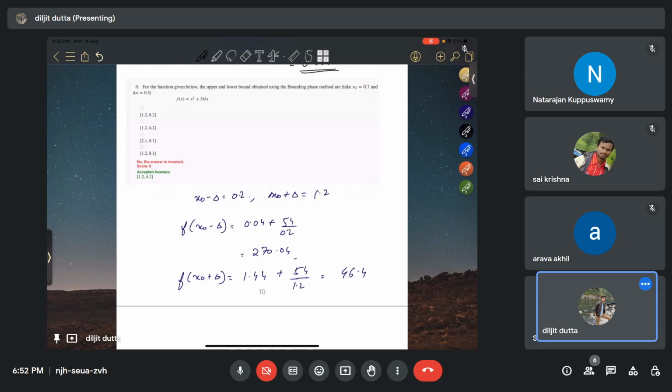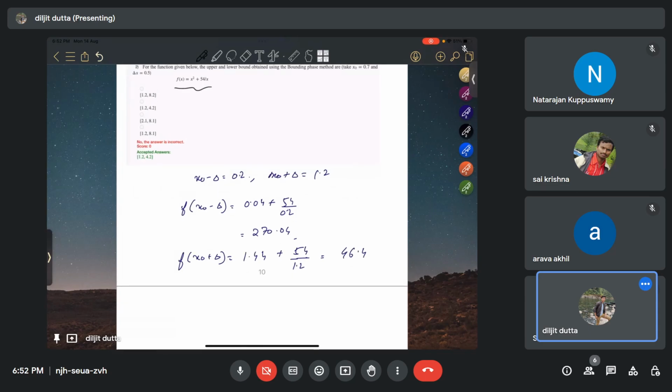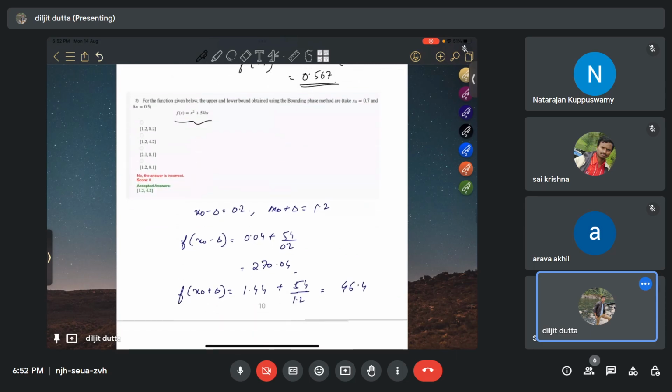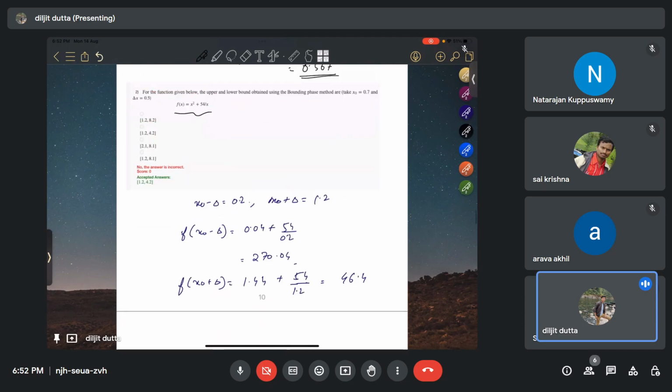So in the bounding phase method, we have f of x given as x square plus 54 by x. What do we do in the bounding phase? We have this function, which I am drawing crudely. This is x. Suppose we have x naught here.